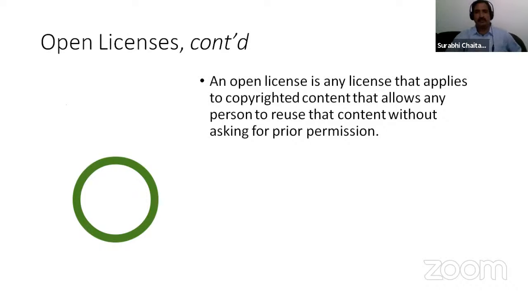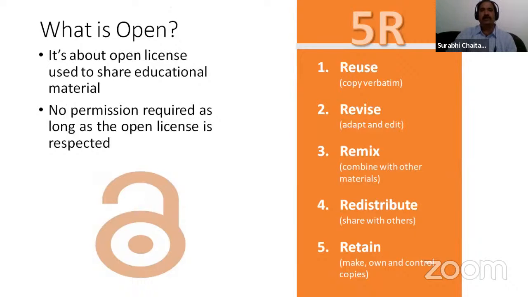Now, open license. An open license applies to copyrighted content and allows any person to reuse the content without asking prior permission. Without our permission, they cannot reuse it otherwise. We can claim our rights. Now, here we will learn about the 5R option. What is open? The 5R principle.